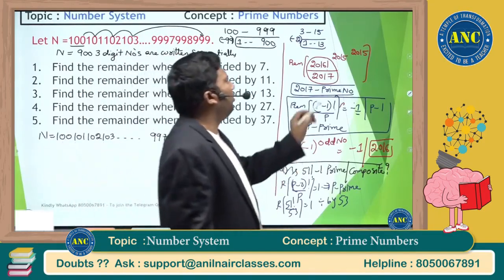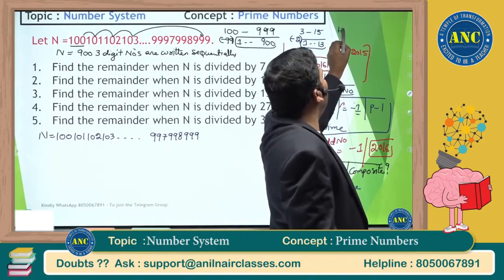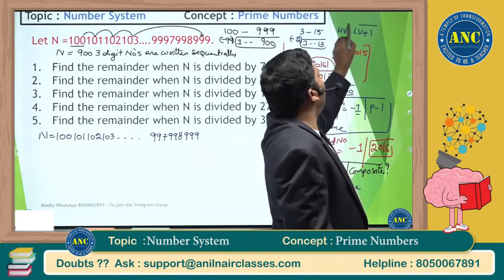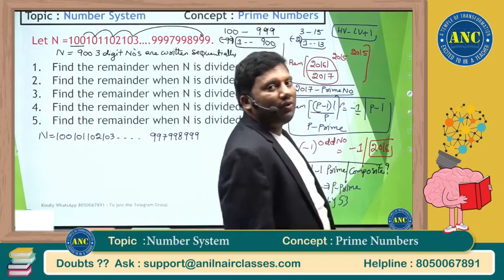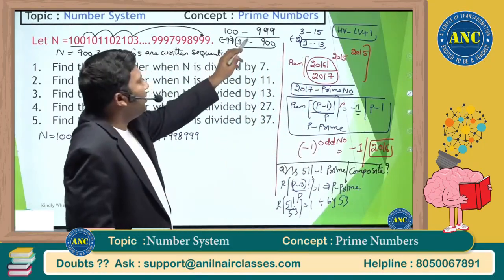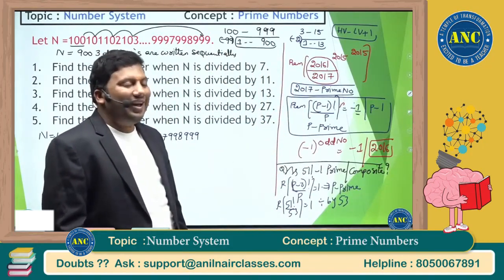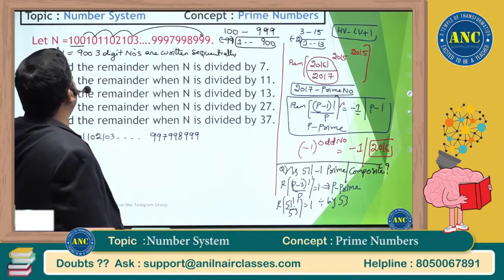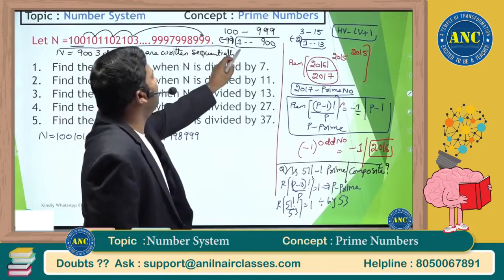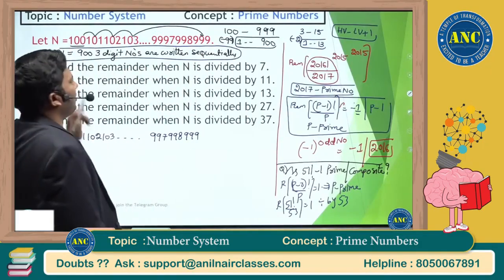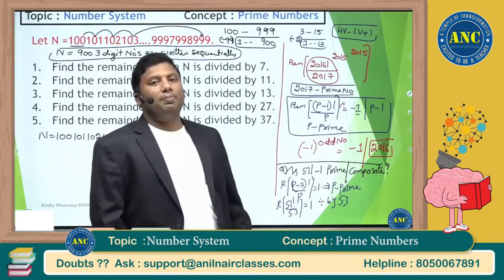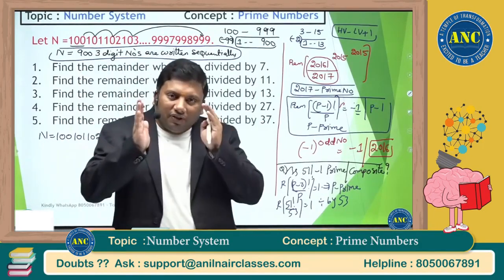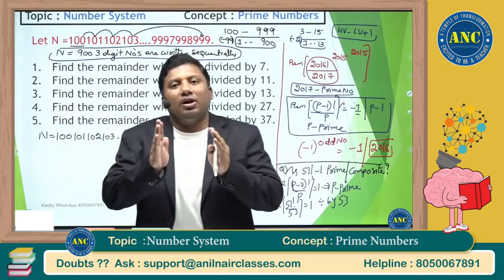Or you can also do it as highest value minus lowest value plus 1. 999 minus 100 is 899, plus 1, 900 3-digit numbers I wrote sequentially. 15 minus 3 plus 1: 12 plus 1, 13.